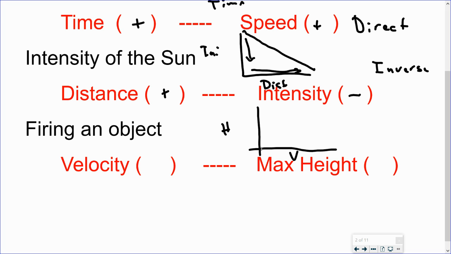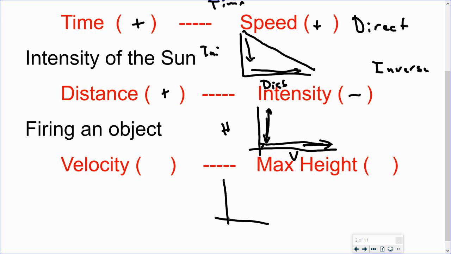The velocity will be going down as time goes on, and as the velocity goes down, its height goes up.